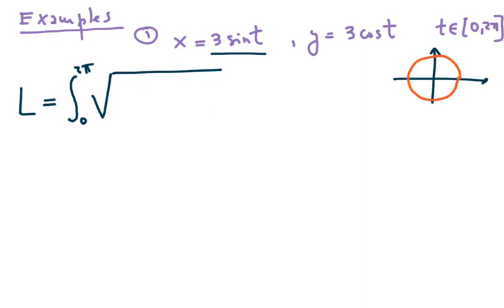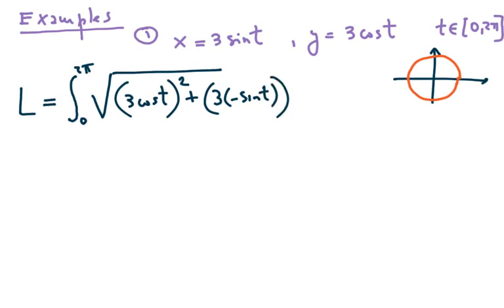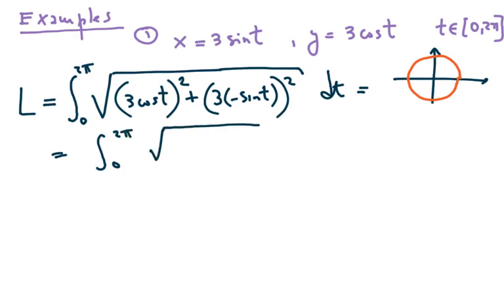Well, x is 3 sine of t, so the derivative is going to be 3 cosine t, and that has to be squared, plus the derivative of y, that is 3 minus sine, the whole thing squared, and so dt. We do the operations here, and this will be the integral between 0 and 2 pi of the square root of 9 cosine squared of t plus 9 sine squared of t, dt.